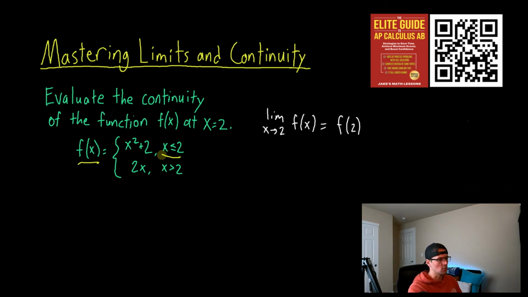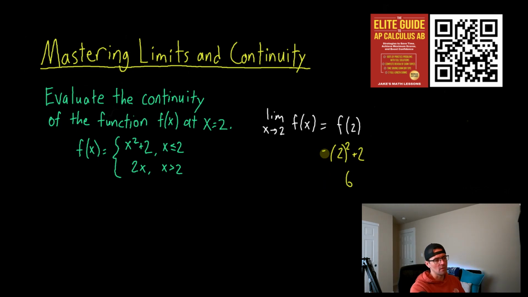Since we use this piece right here for x less than or equal to 2, that tells us when x equals 2, we're going to use this piece. So to evaluate f of 2, we use x squared plus 2 as our function and plug 2 in for x. That gives us 2 squared plus 2, which is 4 plus 2, which is 6.